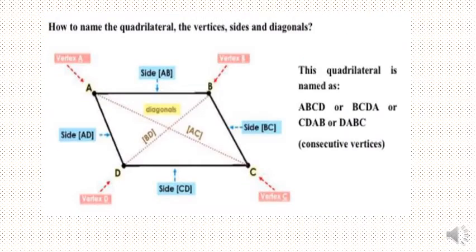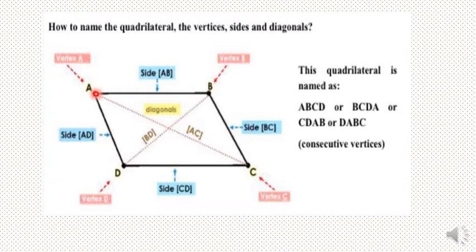How to name a quadrilateral? The vertices of the quadrilateral, the sides, and the diagonals. To name any shape or to name a quadrilateral, we use its vertices. So to name this quadrilateral, I have to use the vertices.